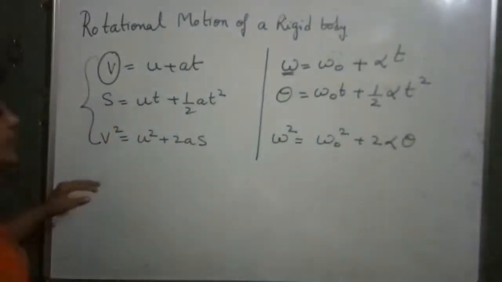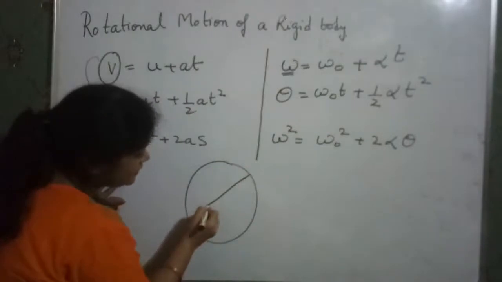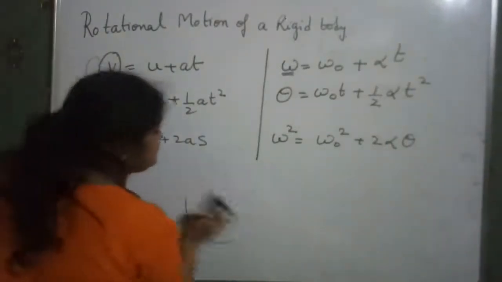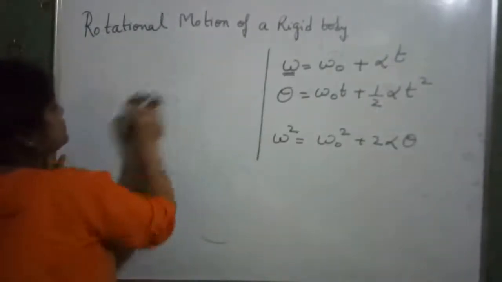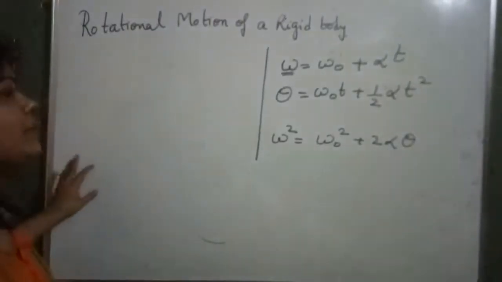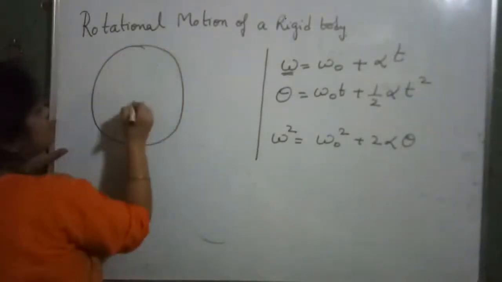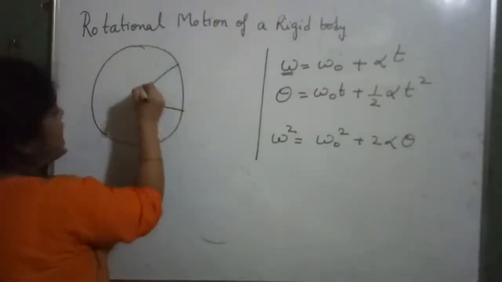Why is it so? In rotational motion, a body moves along a circle. Clear? I will explain it. For example, a body is moving in a circle, making an angle theta. This is radius r.